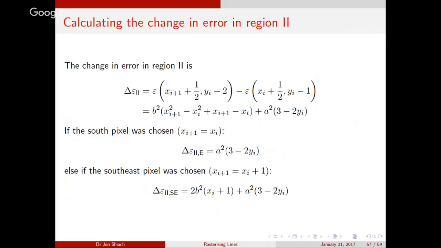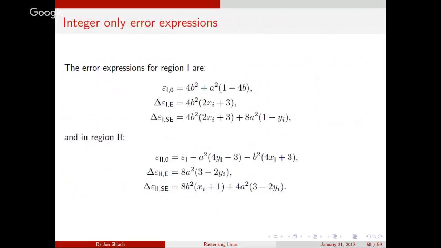If the southeast pixel was chosen, we've added 1 to our x coordinate. Again, just lots of algebra, not too tricky, hopefully. So this is what we get. In the first region, this is our initial error and those are our changes in error. In the second region, this is our initial error and changes in error.